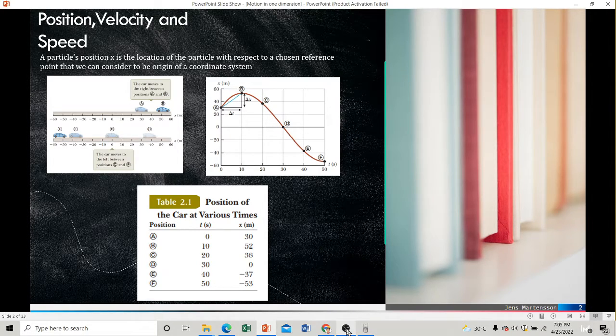Now to describe the motion of a car, we will need to represent it as a diagram, the x versus time, or distance-time diagram, so we can see the behavior of the velocity or motion of an object.